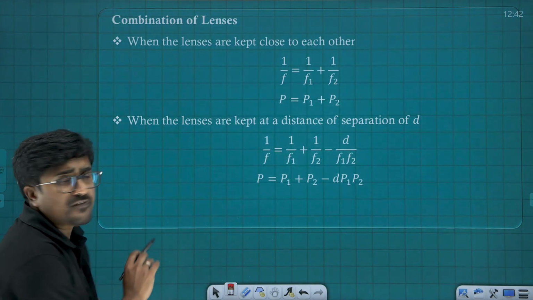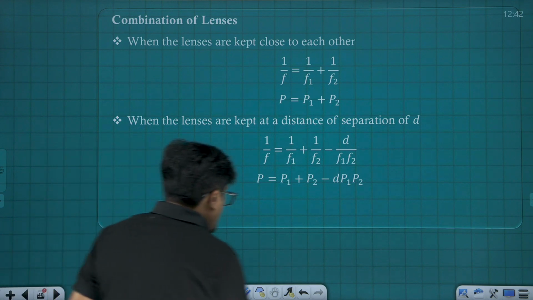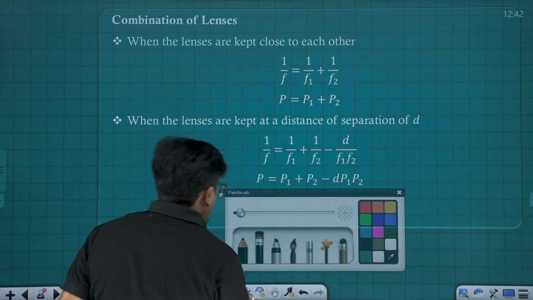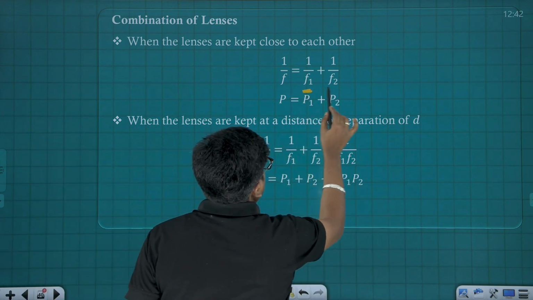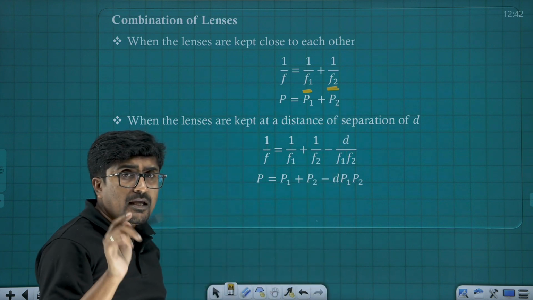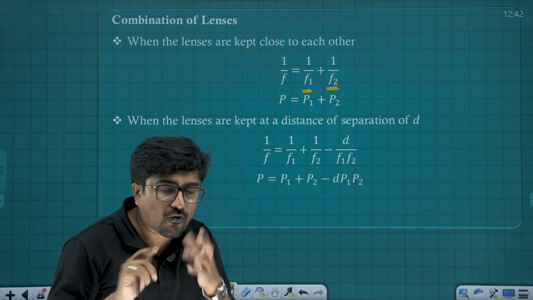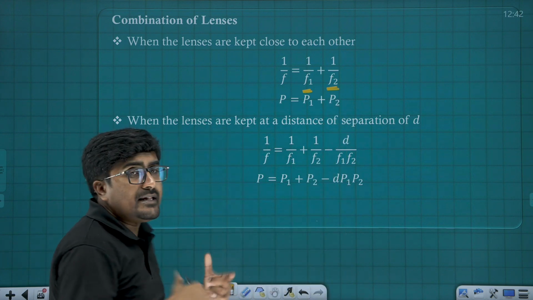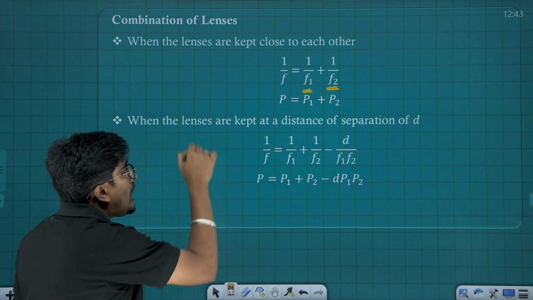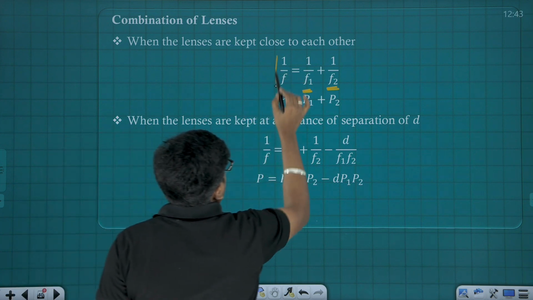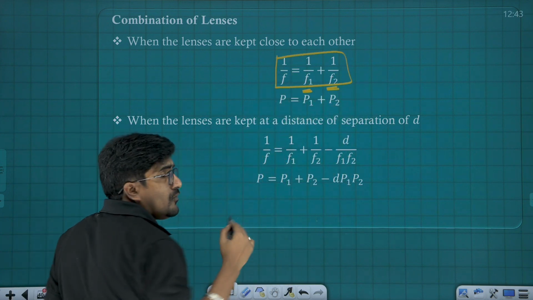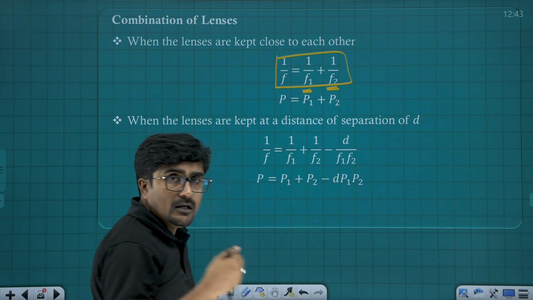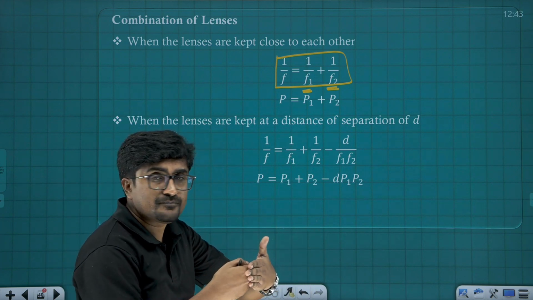Next is combination of lens. If I am having two lenses of focal length f1 and f2, then the effective focal length is supposed to be 1 upon f equal to 1 upon f1 plus 1 upon f2, provided they are kept very close to each other.